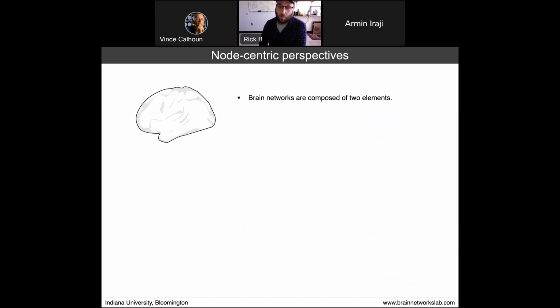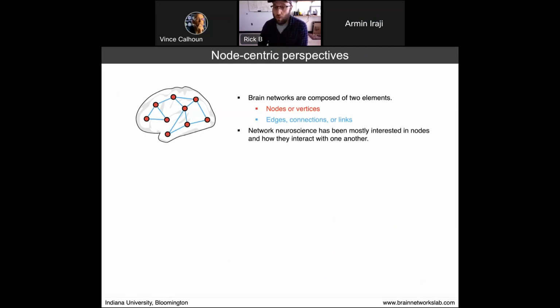So all brain networks, at least as we study them now, are composed of two elements. They must be composed of two elements. The nodes and vertices, which represent sensors or regions or areas, and then the functional or structural connections between those areas. I'm going to argue that network neuroscience, maybe even neuroscience proper, has been largely interested in properties of nodes, really since its inception as a field.